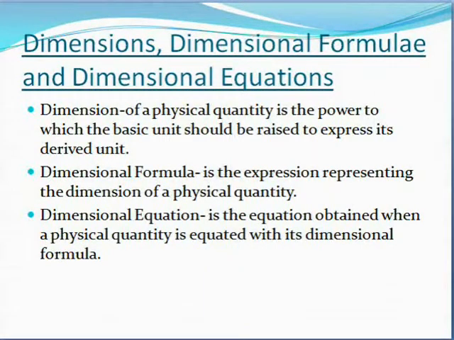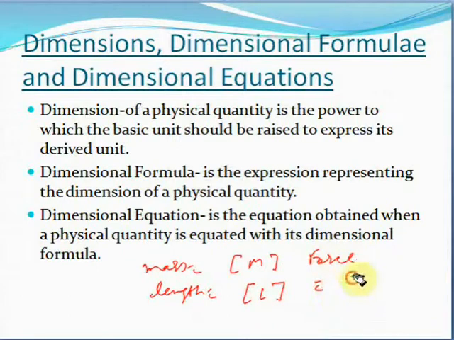The dimensional formula for a basic unit, as we have already seen, for mass is nothing but M, for length it is L. So these are the basic units, and for derived units, as we just saw, for force the dimensional formula was M L t to the power minus 2.